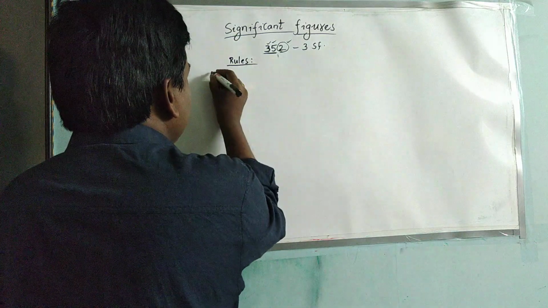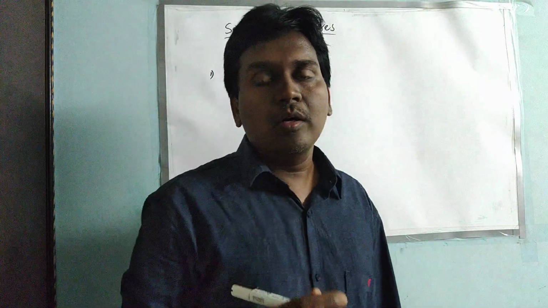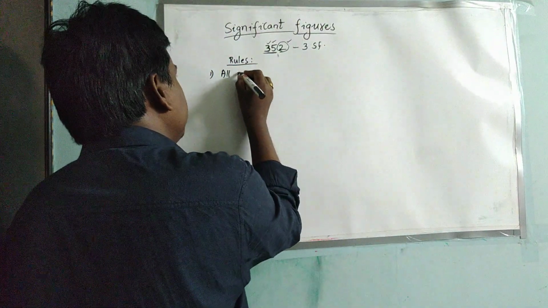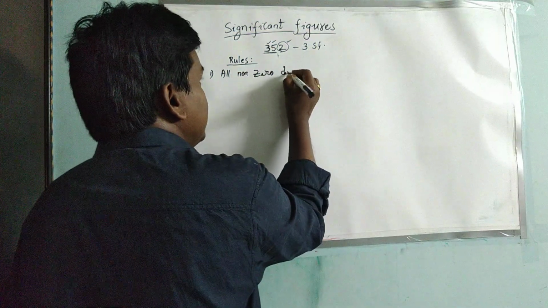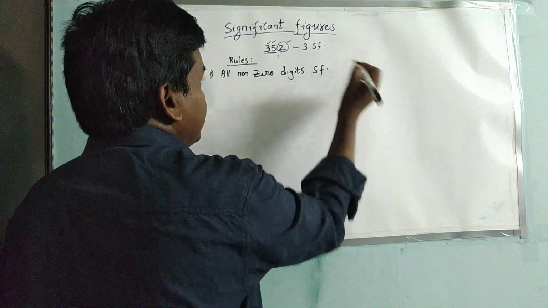The rules are like this. The first rule is all non-zero digits come under significant figures.